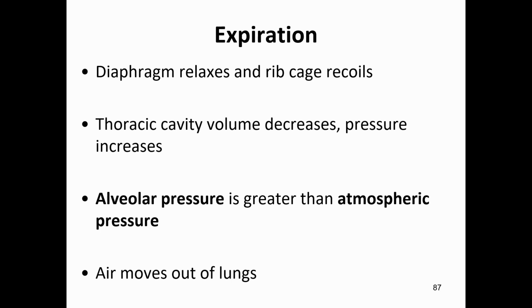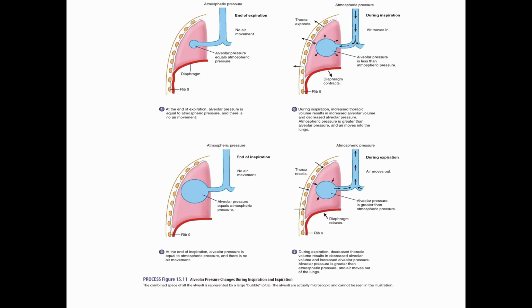The thoracic cavity volume decreases, meaning the chest compresses, and pressure increases, causing the alveolar pressure to be greater than atmospheric pressure. Air moves out of the lungs. This is the diagram representing the pressure changes between inspiration and expiration.